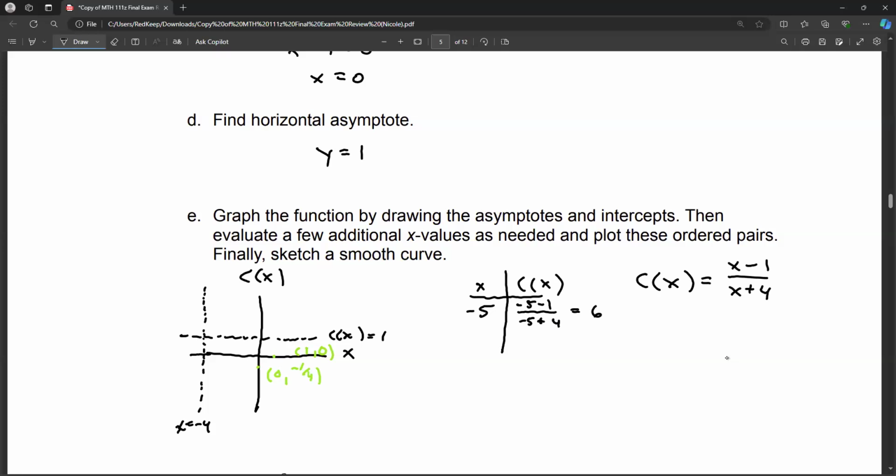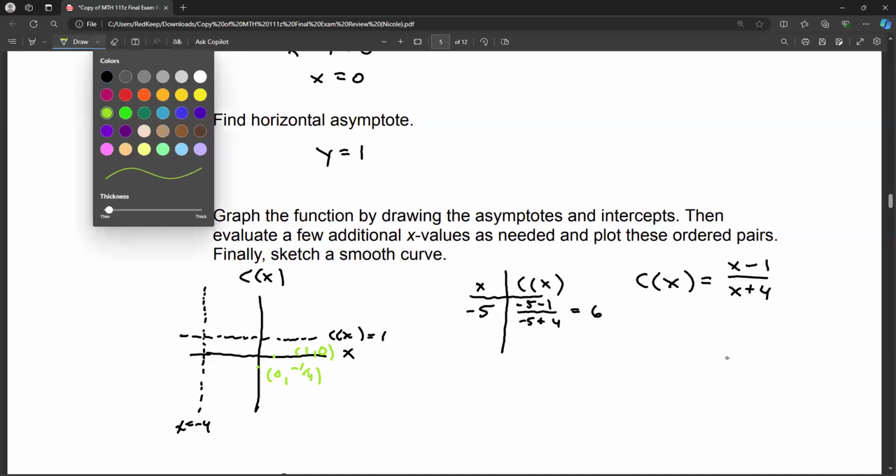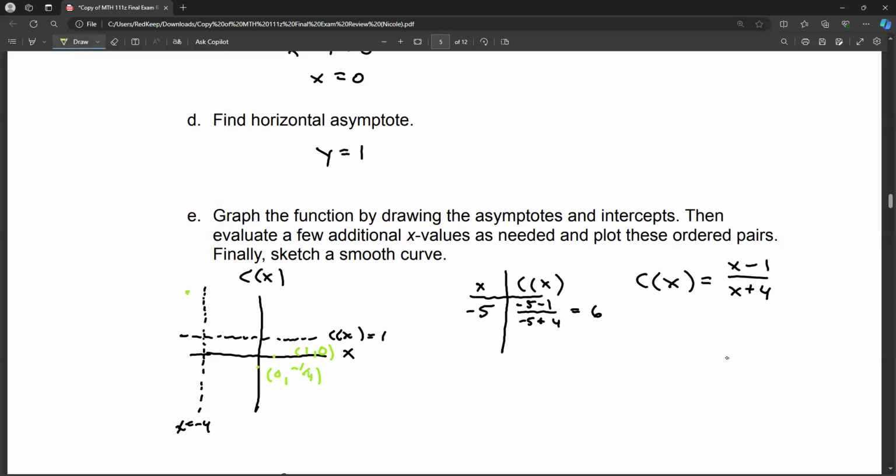But this point, let me choose my green color again, is going to be somewhere right around here at x equaling -5 and the output equaling 6.